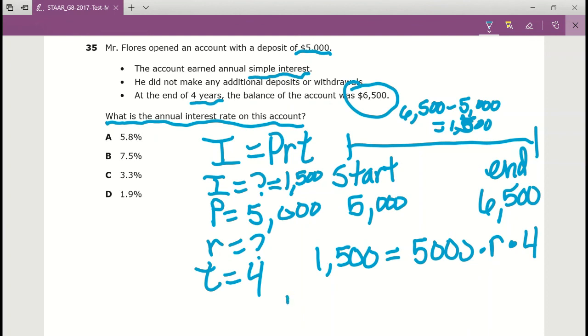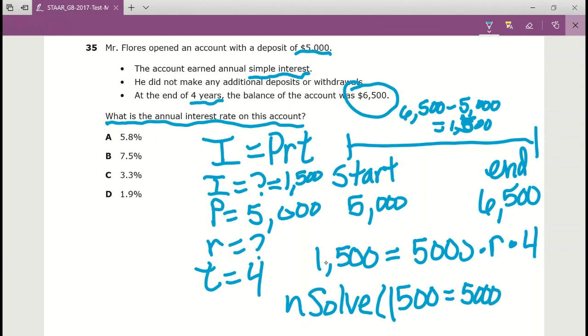So, we do NSolve 1,500 equals 5,000 times R times 4. We're solving for R, so we put comma R at the end, close the parentheses.